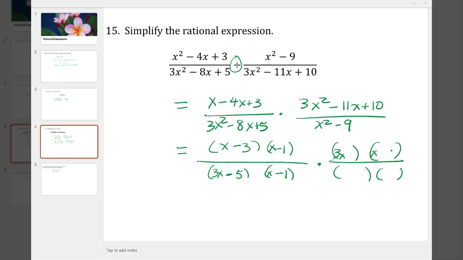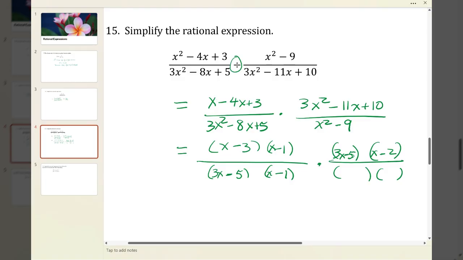Will that work? No. Okay, how about 5 and 2? Oh, this way. 5 and 2 works like this if I flip it around. So that's 3x minus 5 and x minus 2. You have to try a few different combinations before you can see which one works.